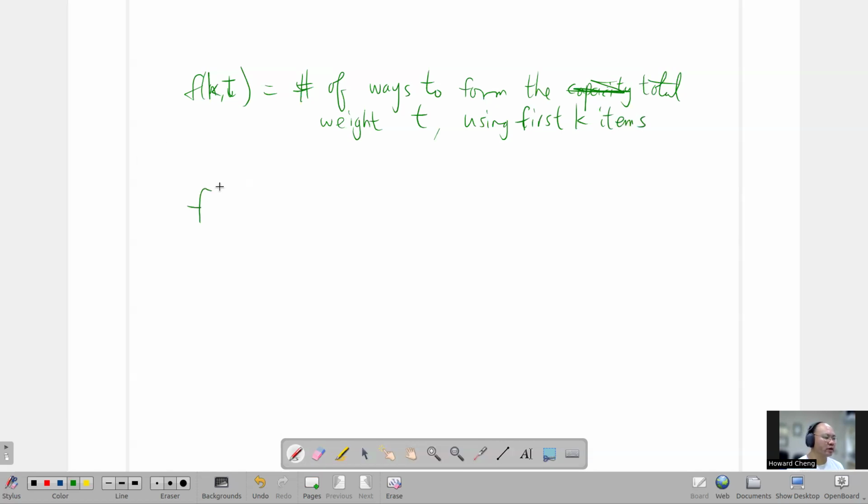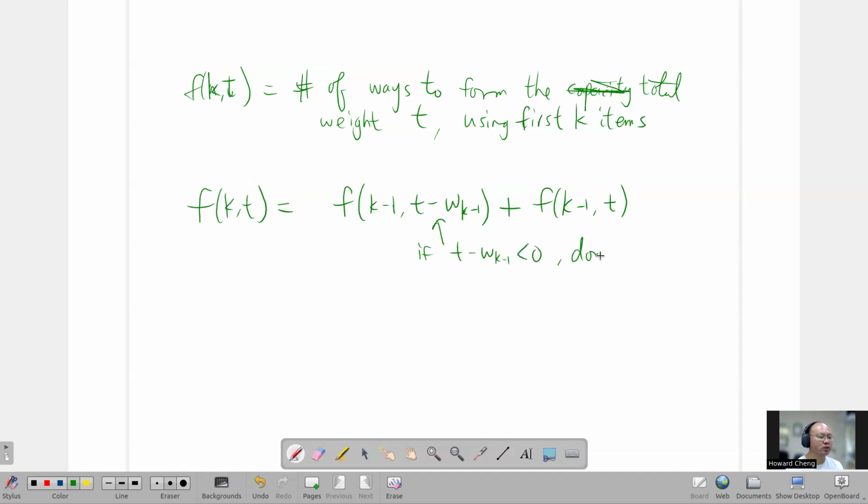Okay, so it's the same idea. f of k, t is either f of k minus 1, t, or f of k minus 1, t minus w_k. This is either I use it or I don't. And this time, instead of picking the max or the min or whatever, I just count them. I just add them. Again, if t minus w_k is negative, don't use this term.